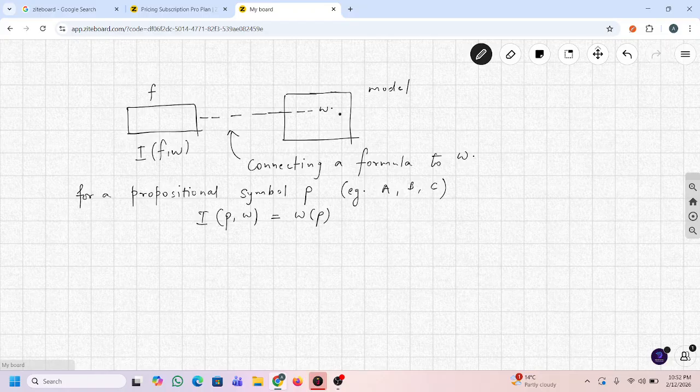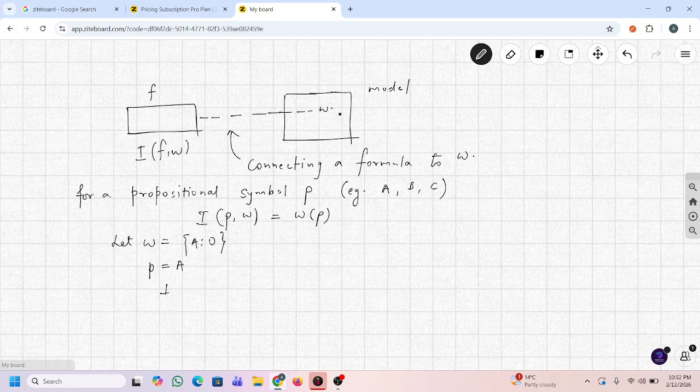So, let us see through an example. Let w be such that a is assigned the value 0, and p is equal to a. Okay.